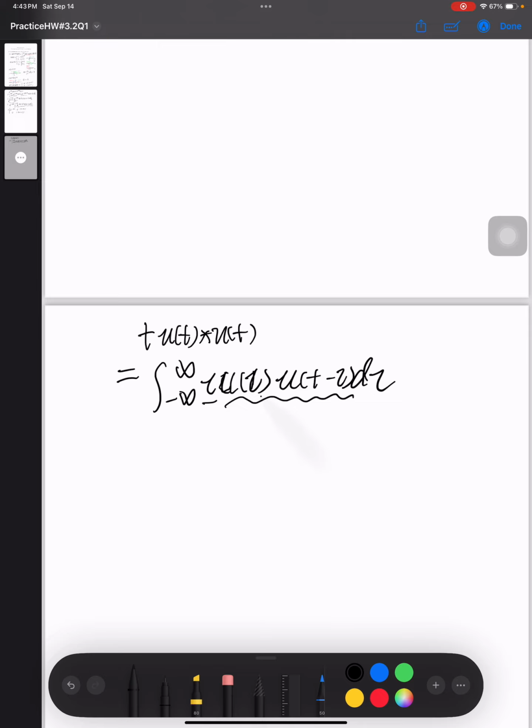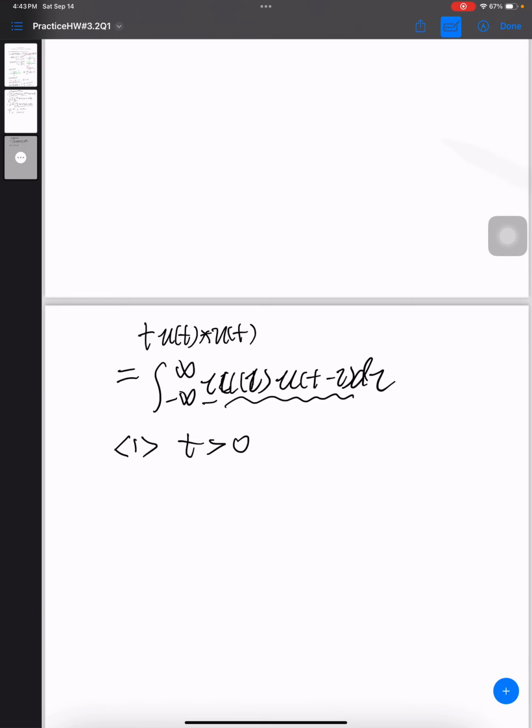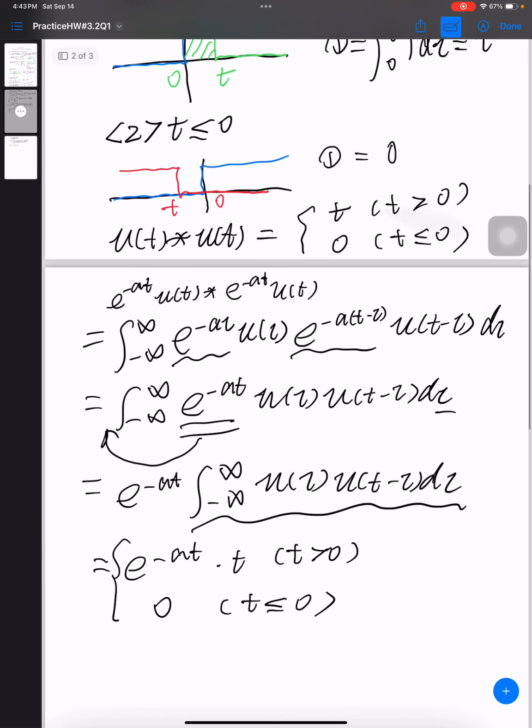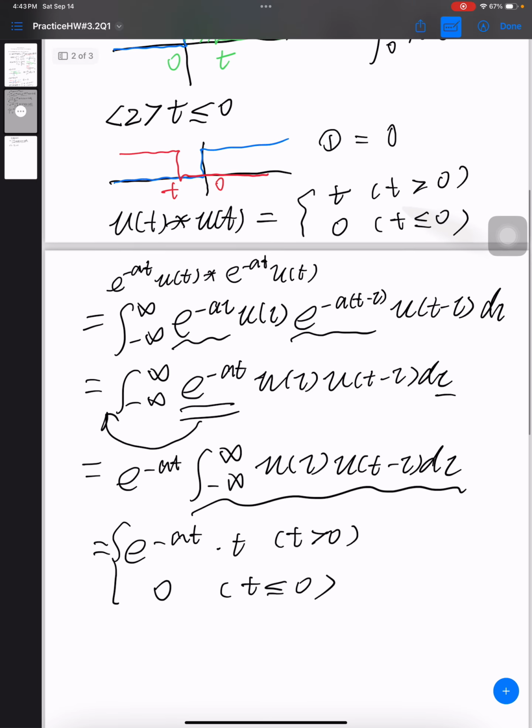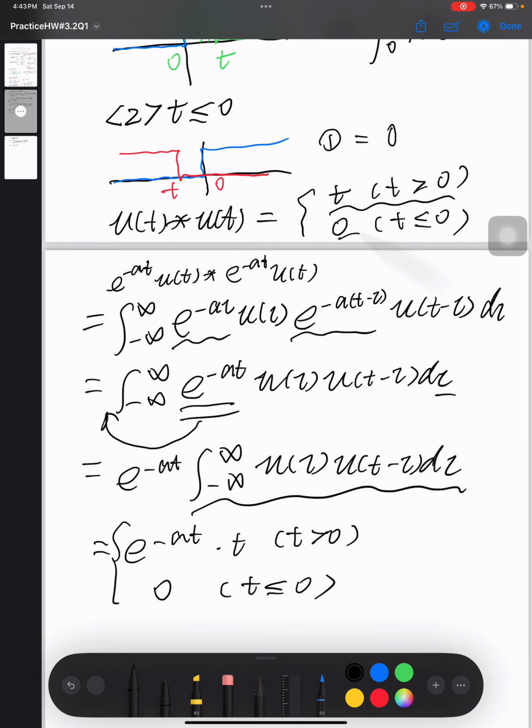If the later part is equal to 0, then the whole thing equals 0. Based on the previous results, when t is larger than 0, it is equal to t.